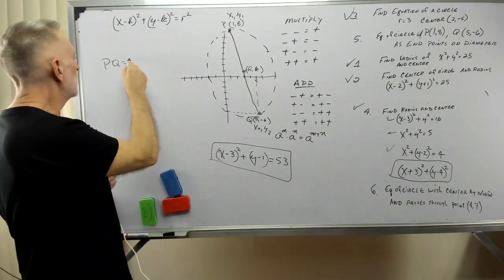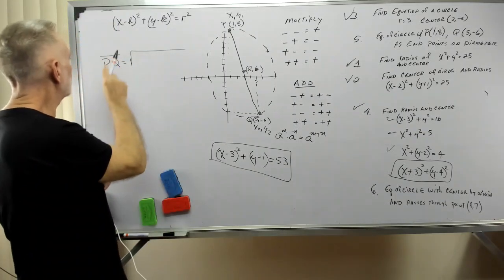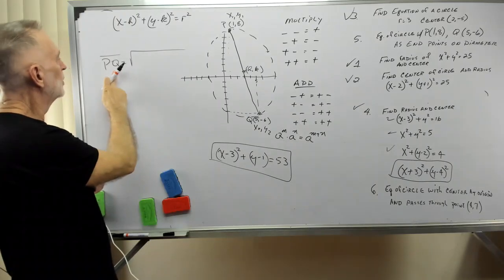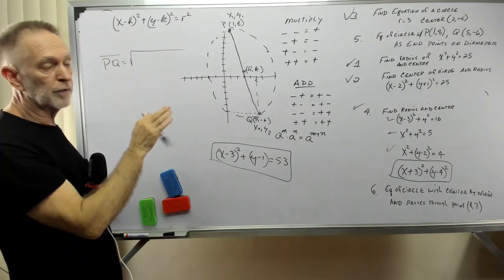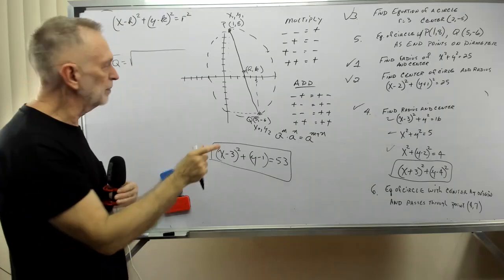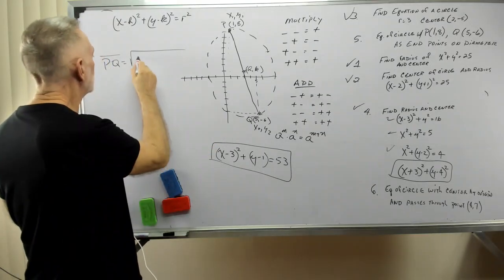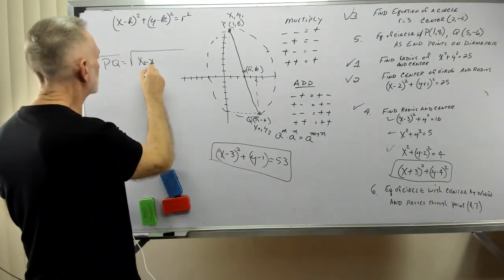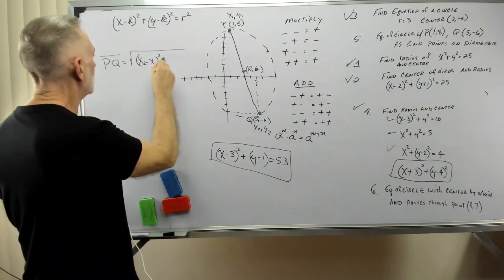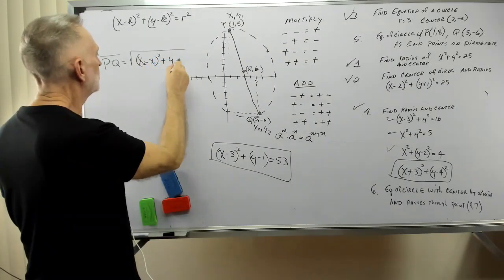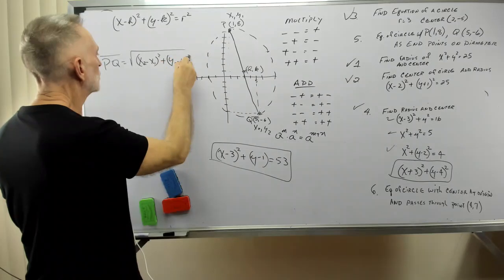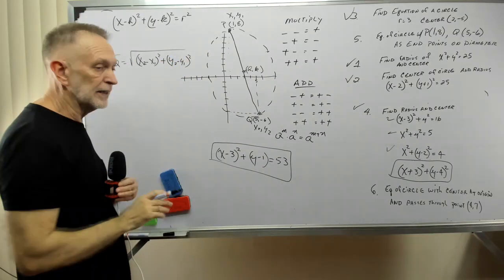Because remember your formula, the length of that segment PQ, and you really should put a bar over that to indicate that it's a segment. You've got x sub 2 minus x sub 1 squared plus y sub 2 minus y sub 1 squared, and the square root of that sum.